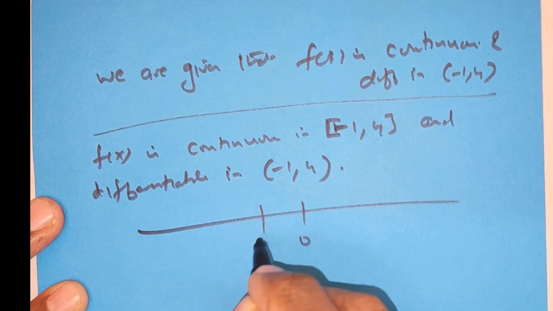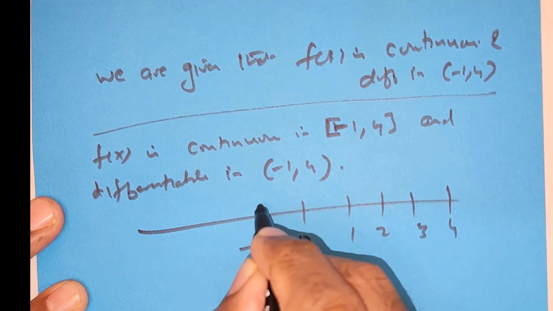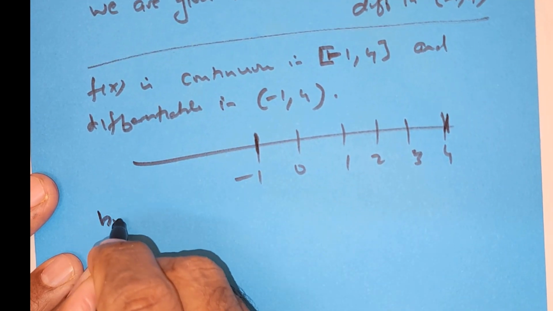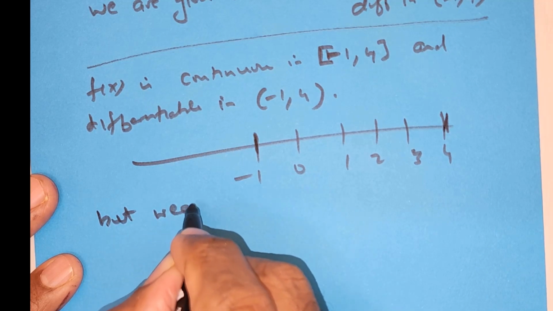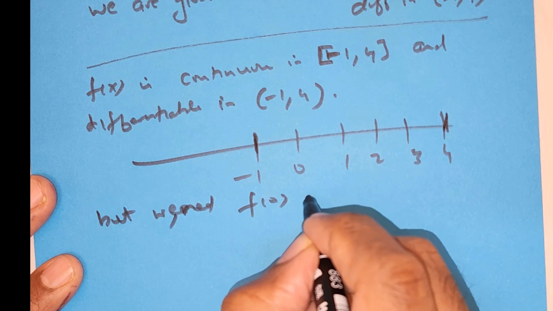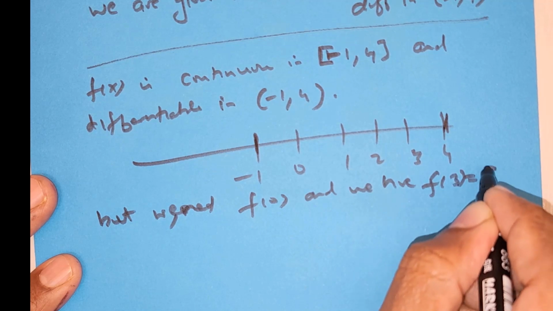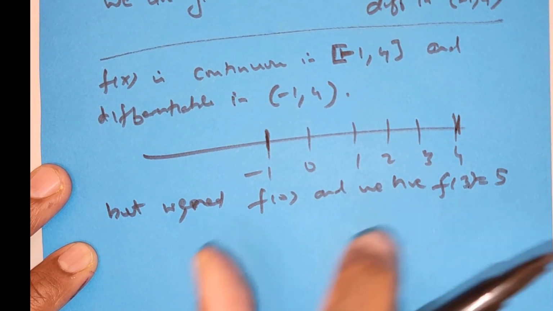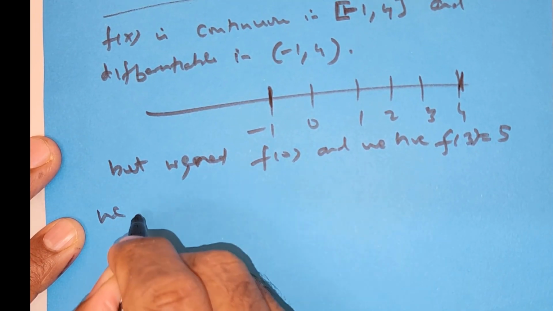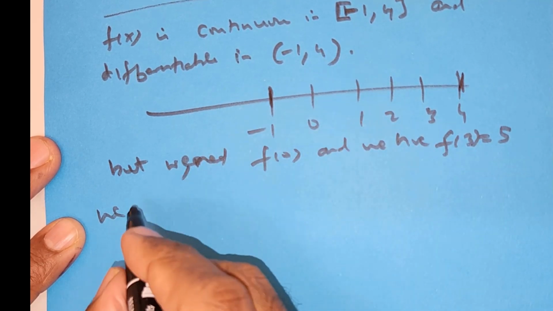So if I were to draw the number line, this is negative 1, 2, 3 and 4. So these are the 2 points given, but we need f of 0 and we have f of 3 is equal to 5. So we have to use these points. That means we will have to deal with a function which is limited to this interval 0 and 3.